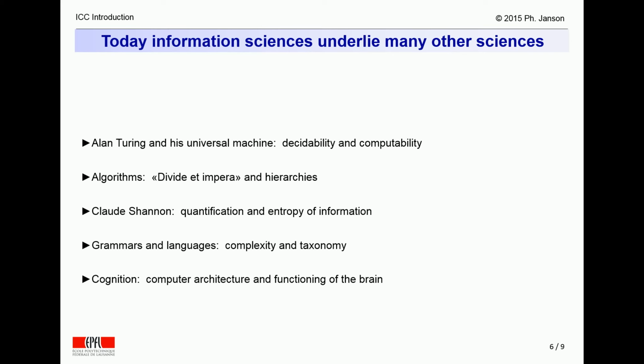Claude Shannon's information theory has brought to the world the notions of quantifying information by its entropy. Computer programming and grammar work has provided the world with tools for tackling notions of syntax and semantics well beyond computer languages. And work straddling computer architecture and brain sciences has opened broad avenues under the realm of cognitive sciences.